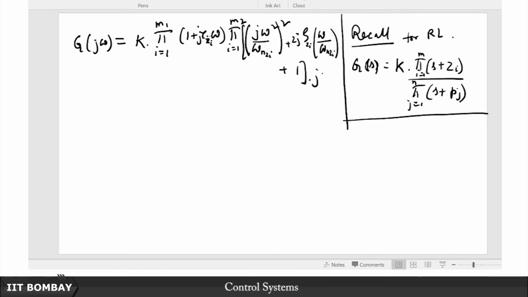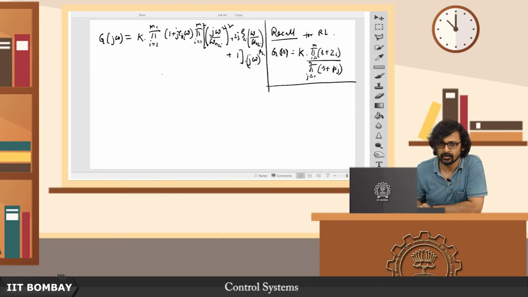Then you can also have terms like j omega to the power r. The r could be positive or negative, so you can have poles or zeros at the origin, divided by, again, similar types of terms, only that the z's will be replaced by p's.